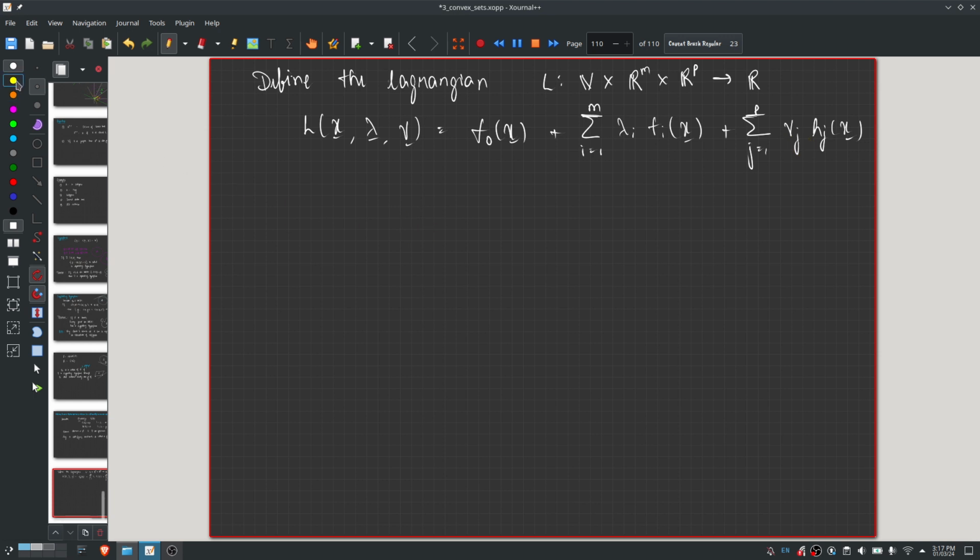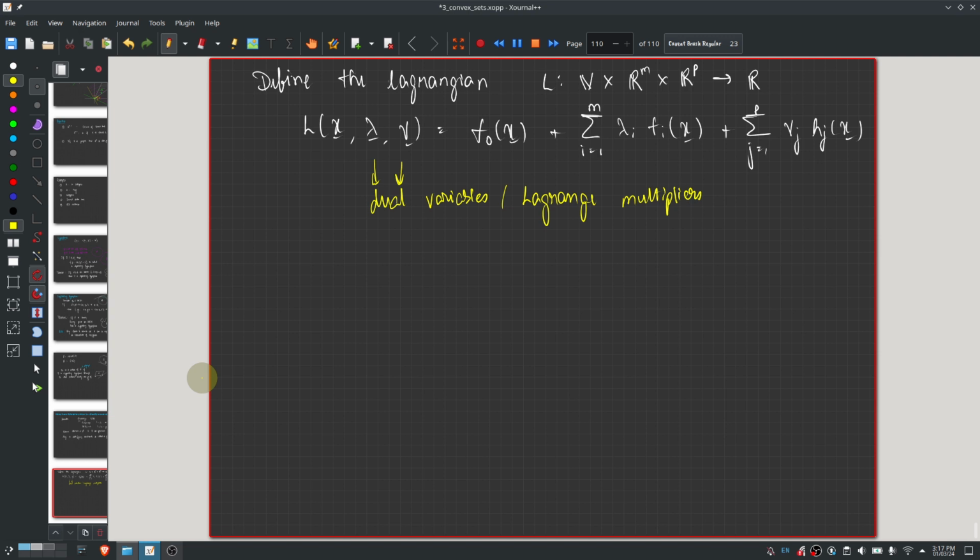These two sets of variables are called dual variables. They're also called Lagrange multipliers. So I had my original problem, which was a constrained optimization problem.